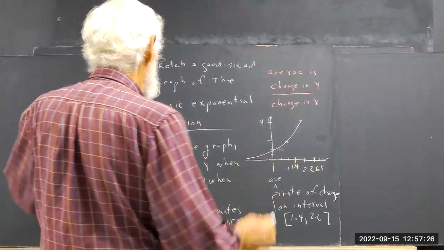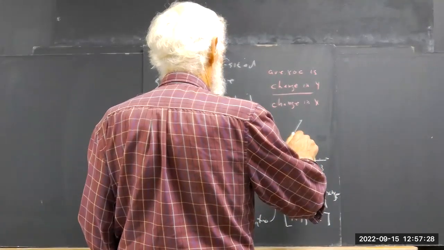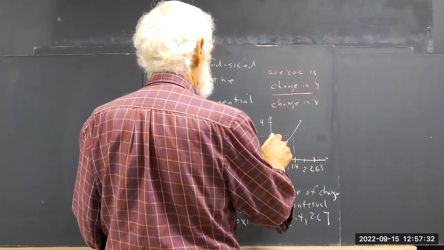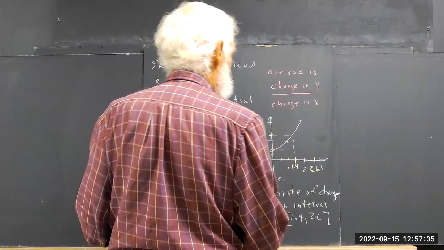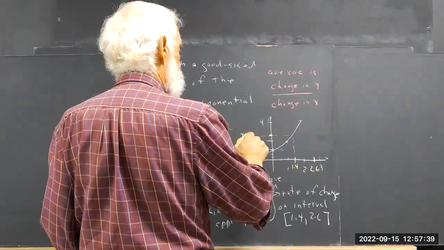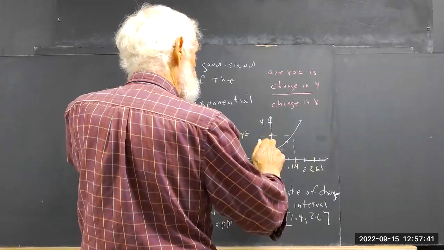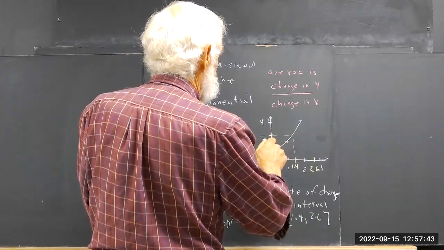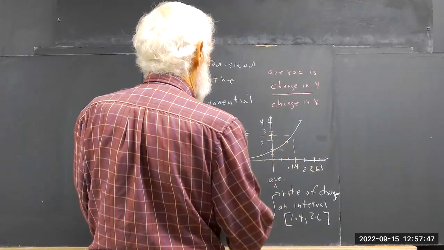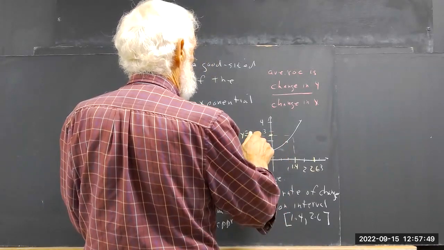So, estimate the y value for x equals 1.4. Y is approximately 2. Now this is 2, and halfway is 3. I'm going to say it's about 2.6.